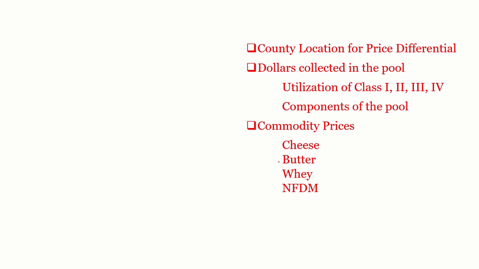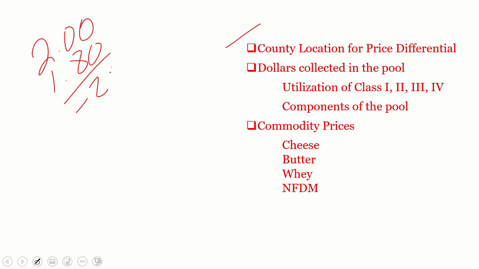So if we review your milk check, we have a county location for price differential. In Order 33, it's released at a $2 zone. Lansing, Michigan is a $1.80 zone, so that's a minus 20 cents on the milk check. The dollars collected into the pool are dictated by the utilization of Class 1, 2, 3, and 4.